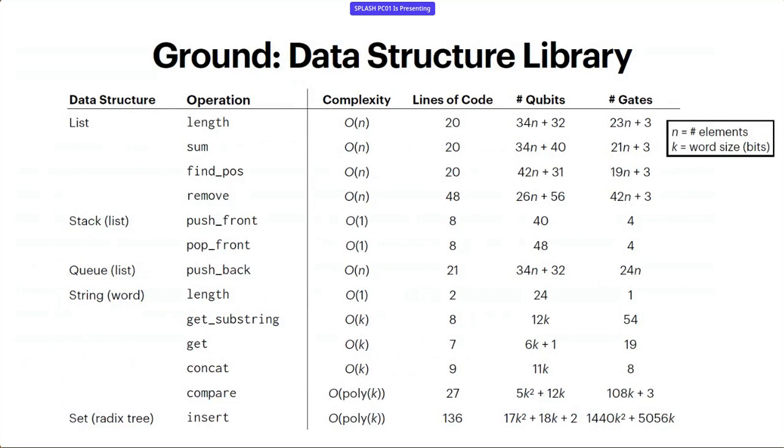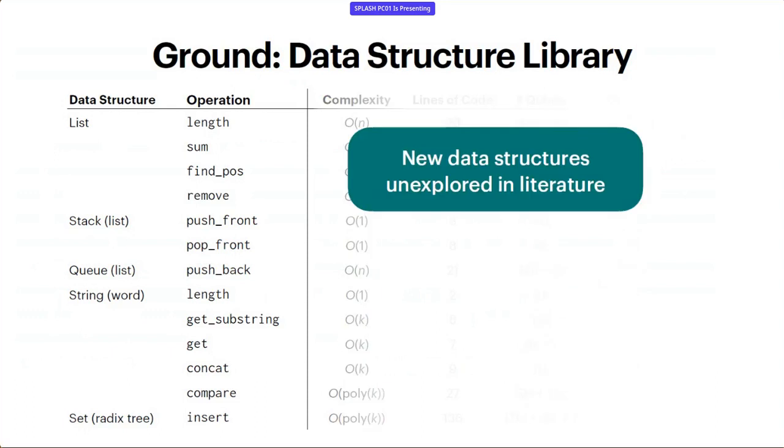There's a lot going on in this slide, a big table. What I want to focus on is that what we've done in Ground is we've implemented a set of data structures that have previously been unexplored in the literature of quantum programming languages and quantum algorithms. So this includes all of your classical structures like lists, stacks, queues, strings, and whatnot.